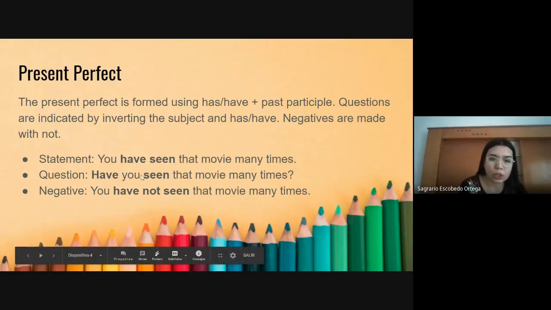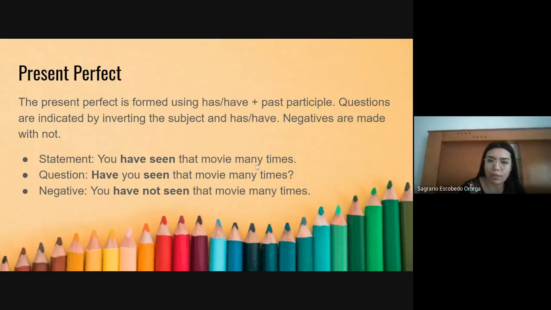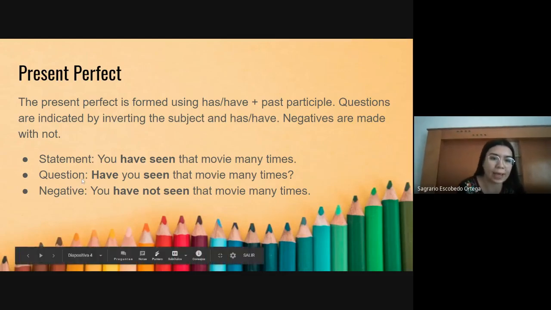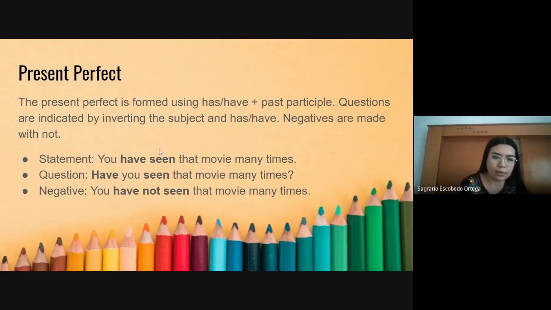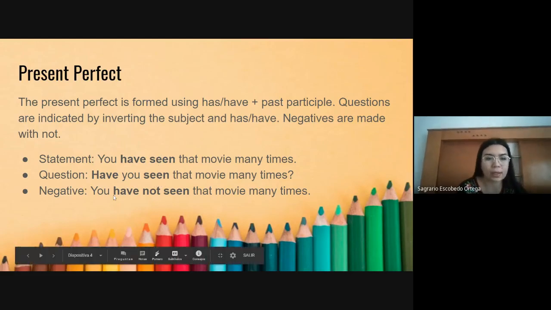Have you seen that movie many times? Okay. Remember that we can add a WH question at the beginning. So it will be the WH question, then have, then you, and then the verb in past participle. Okay?